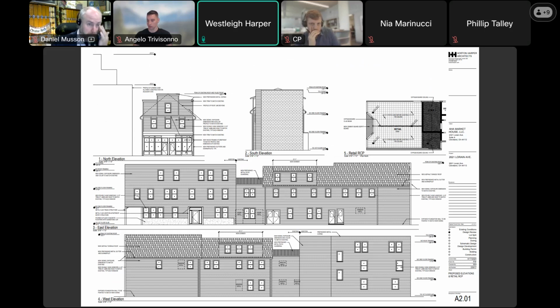The south elevation, the profile would be different in the new scheme, but here we show a block firewall, essentially, which would be painted to match the siding of the rest of the building. The east elevation shows the existing structure, of course. We have the proposed dormers, which we are not proposing now.